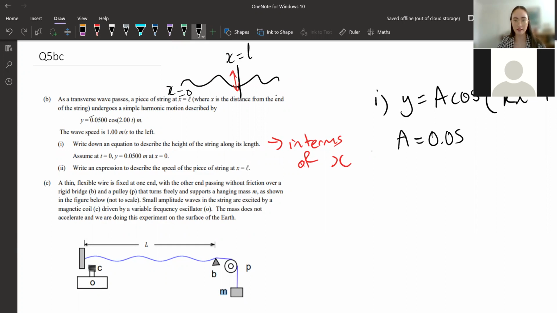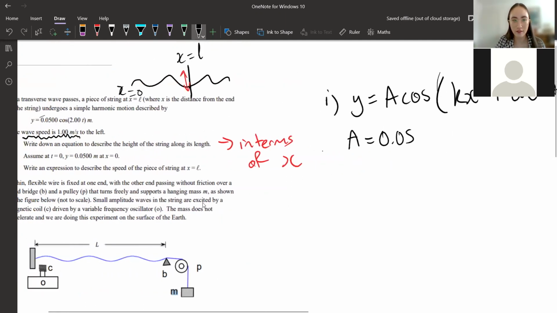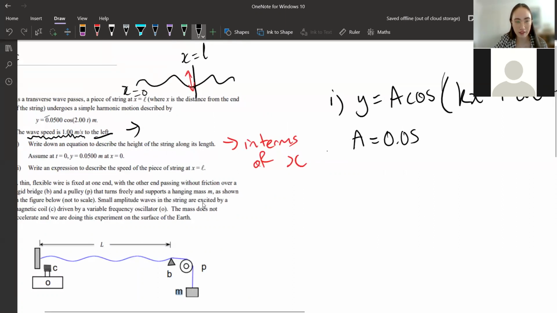What else can we find? We can find omega, the angular frequency of the wave, because we have found out that the wave speed is 1.00 meters per second to the left. Oh yes, another point is that normally this is a negative, but because of this to the left, it means that we have the plus omega t term.